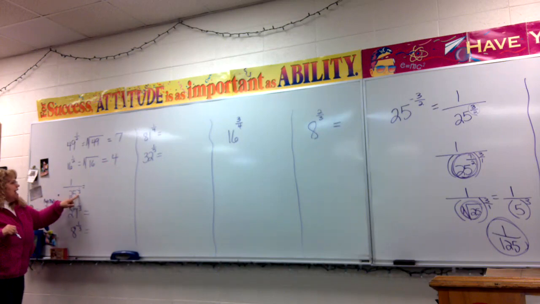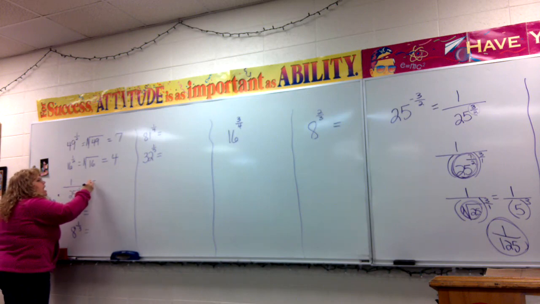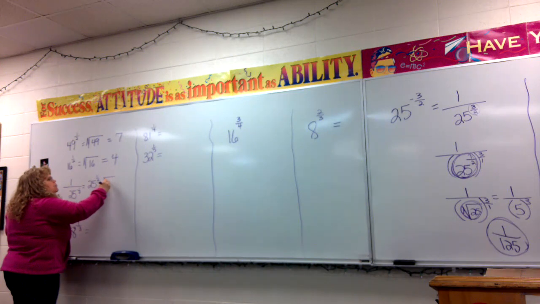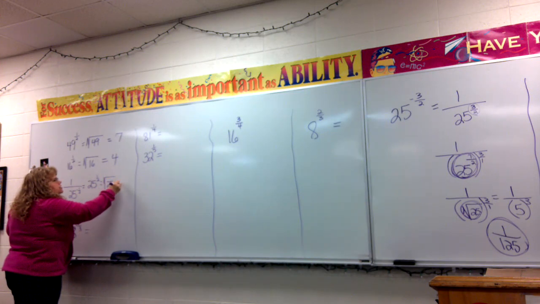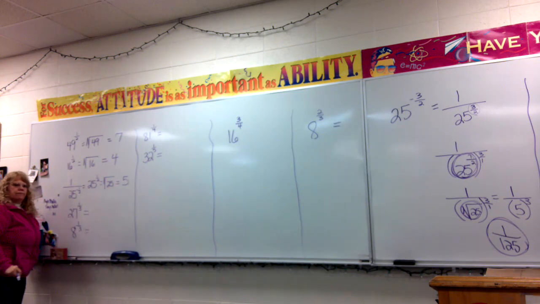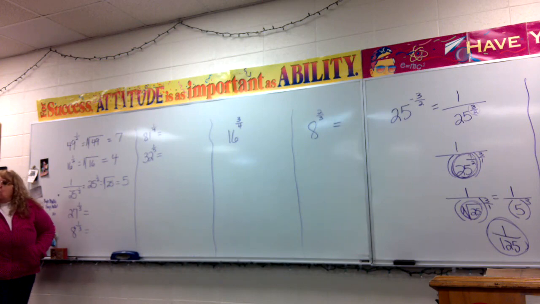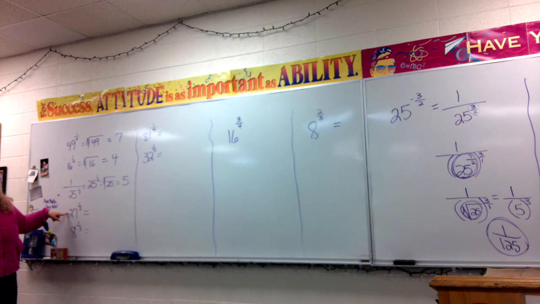If you have a negative 1/2, you're going to bring it to the top and make it positive 1/2. And then positive 1/2 is square root, 5. Which is 5. So I need to write all that? Yeah. No, this isn't even the lesson yet. How about 1/3 power?